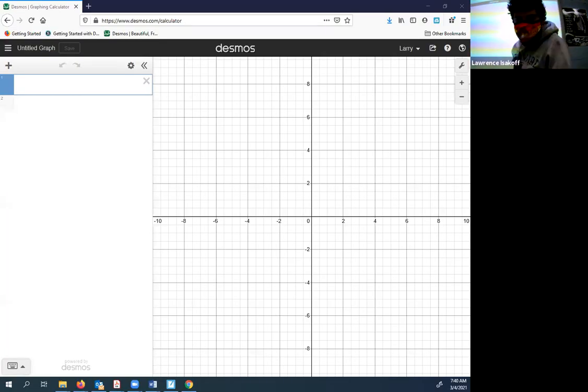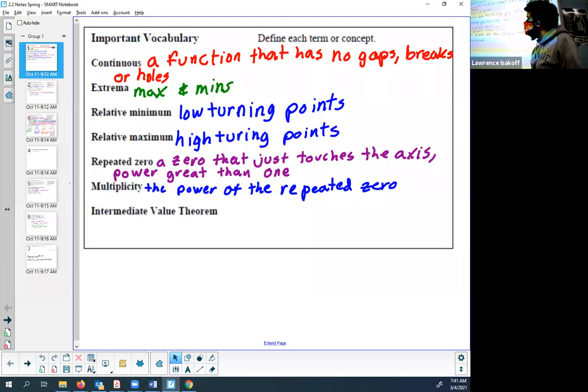Okay, so today we are going to start our notes on section 2.2, dealing with higher degree polynomials. So we'll look at polynomials that are third degree or higher and look at their general aspects. If I call something continuous, all polynomials are continuous.